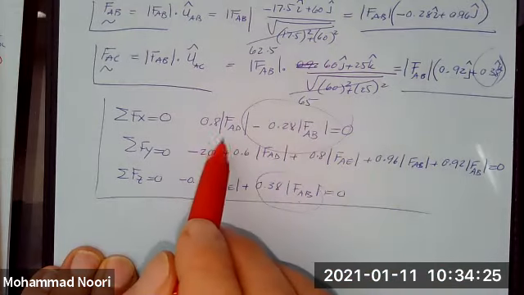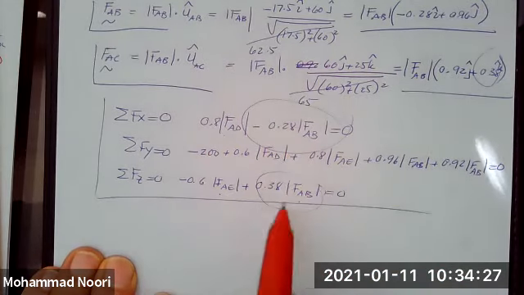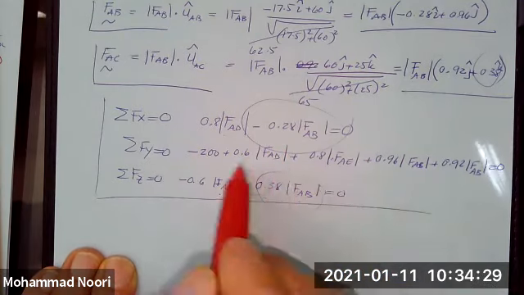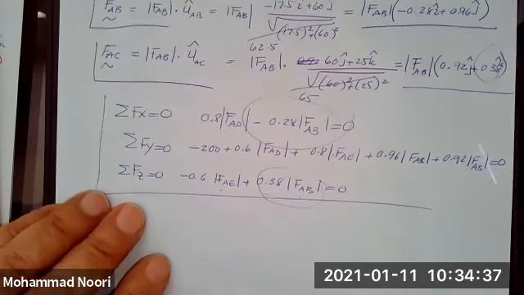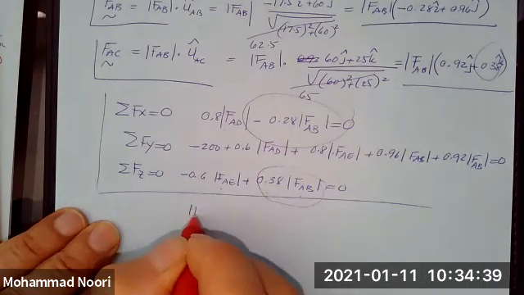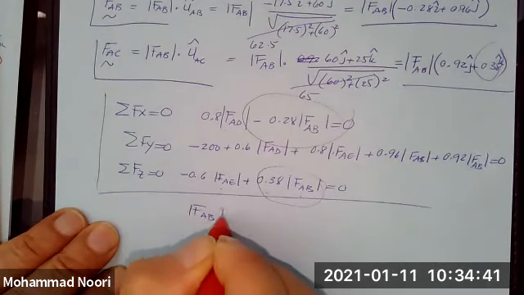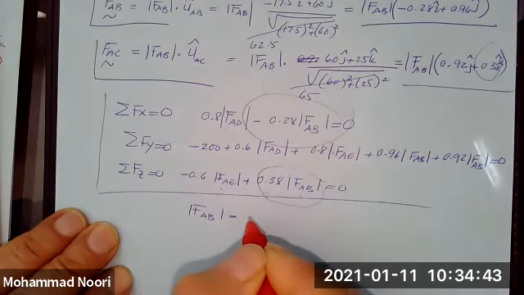From this one, you can find AD in terms of AB, substitute it in this equation, so you find AB. But regardless of how you solve these 3 equations and 3 unknowns, you will end up with the magnitude of these unknowns that you've been looking for.